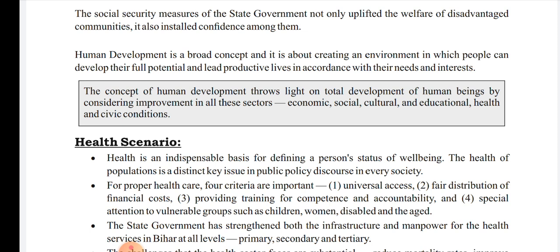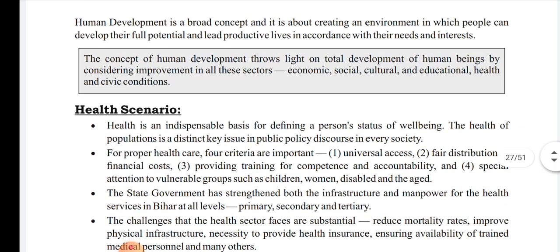This subjective analysis is put in a fashion where some objective criteria are mentioned and measured, and with the measurement of those criteria, the subjectiveness of human development is dealt with. You need to understand that in a very simple format.